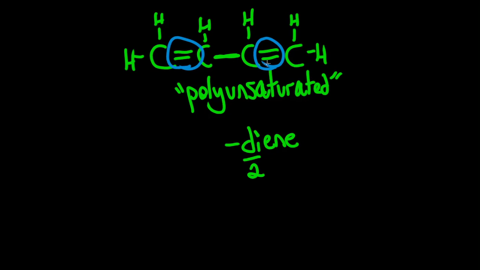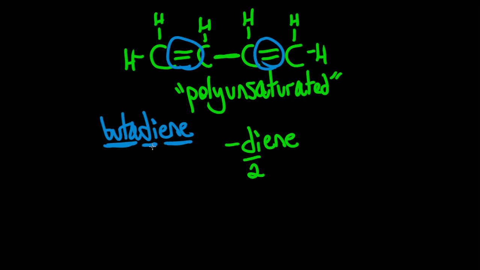So a name that we can call this is going to be butadiene. Okay, because I've got 4 carbons, that's the buta part. I've got double bonds, that's the ene part. And in fact, I've got 2 different sets of double bonds, so that's the di part, as butadiene.